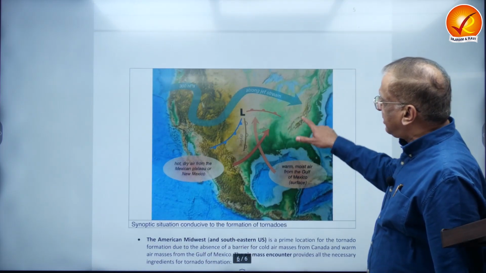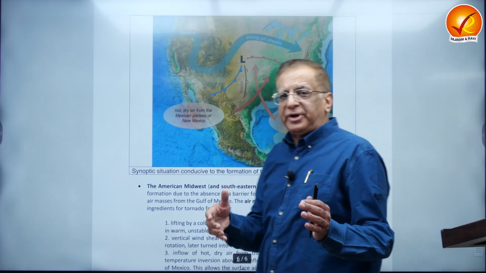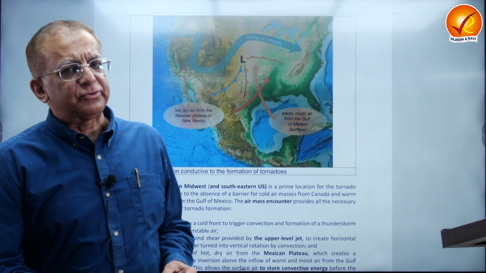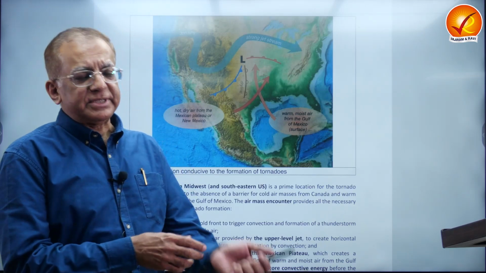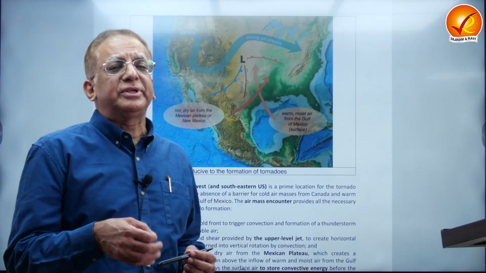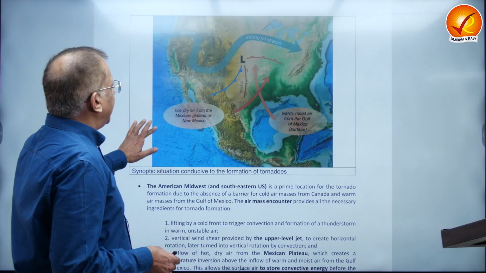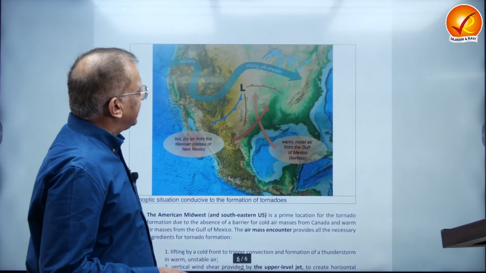Here we have a mix of geographical and climatological elements which provide the ideal conditions for a twister to form. See, for a twister, first you need a thunderstorm. Only a few thunderstorms would give us twisters. And we have some ideal conditions for thunderstorm activity in this area.